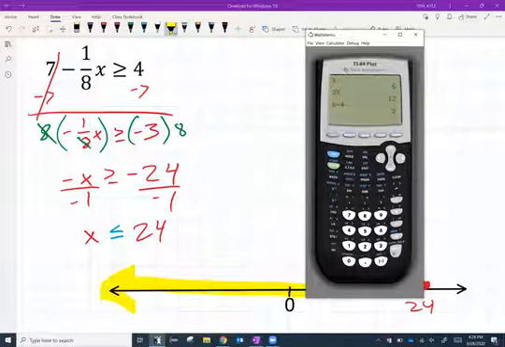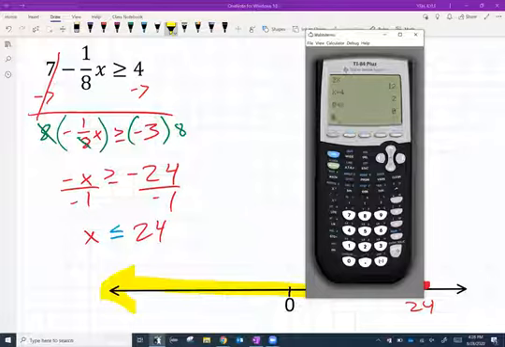0 is shaded, 0 should work. I'm going to say 0 store, which is this button right above the on button in the bottom left corner. It says STO with a little arrow. 0 store in the x variable. 0 store in x. And when I hit enter, it'll say 0. It says, got it, 0 is stored in there.